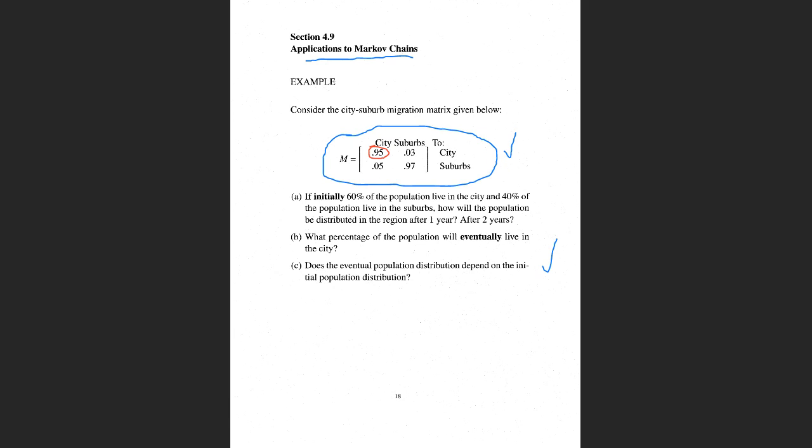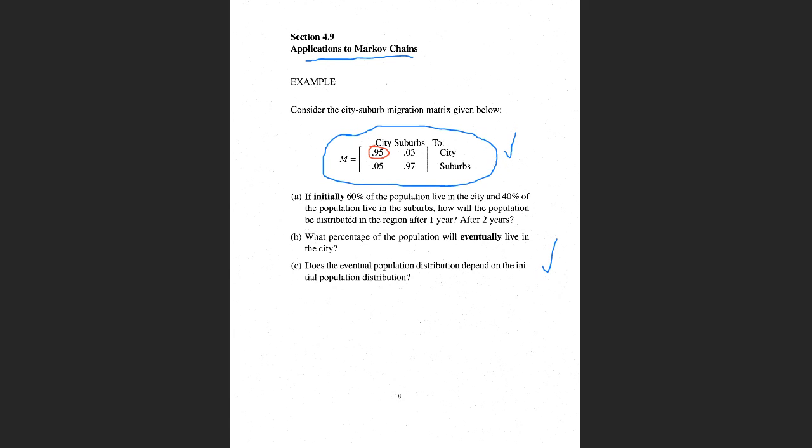The first column has city above it. The second column has suburbs above it. So the 0.95 means that there is a 95% chance that if you live in the city, then the next year you're going to also be in the city. You'll stay in the city.